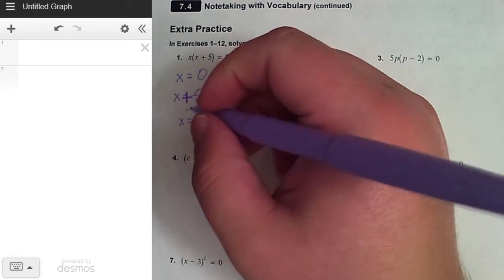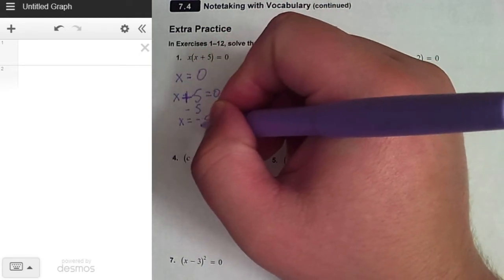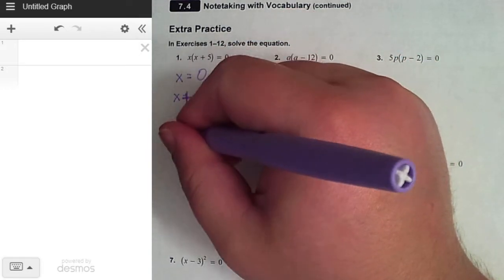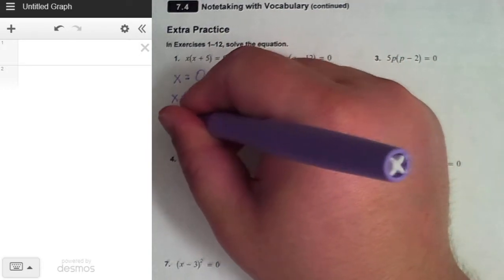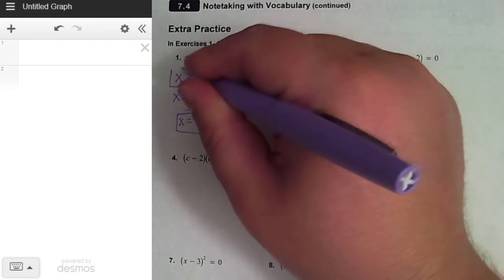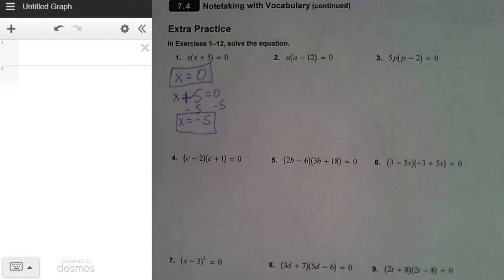So x can equal 0, or x can equal negative 5 as our solutions to the equation.